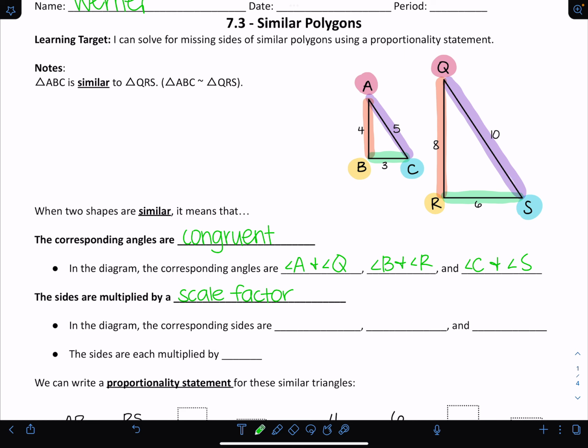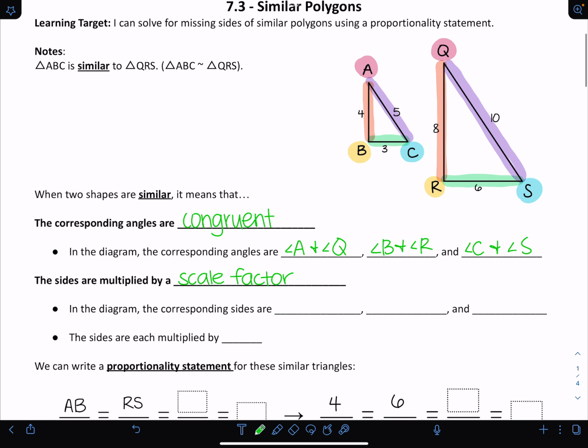Okay, so now we can tell what those sides are. So the corresponding sides, the first one would be AB and QR. Remember, they're not congruent. They're only corresponding. So they match up if you're looking at them like they're in the same place on the triangles, but they're not necessarily the same length in a similar triangle.